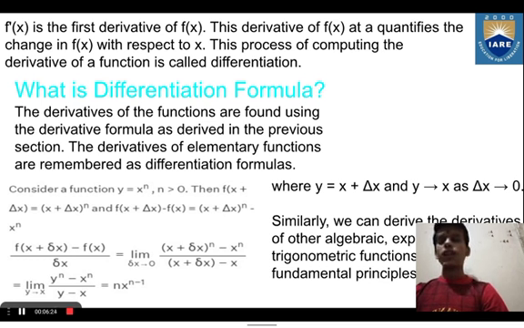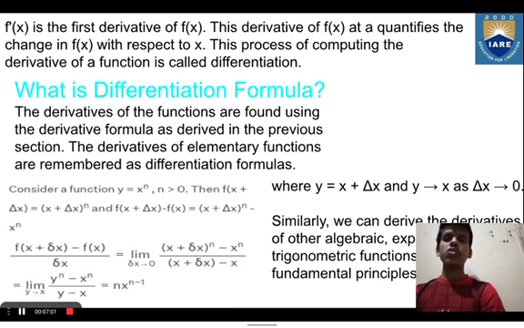If we take the limit as h tends to 0, or delta x tends to 0, we get the limit of x plus delta x whole power n minus x power n by x plus delta x minus x, which is limit y tends to x of y power n minus x power n by y minus x, that is n times x power n minus 1, where y equals x plus delta x and y tends to x as delta x tends to 0.